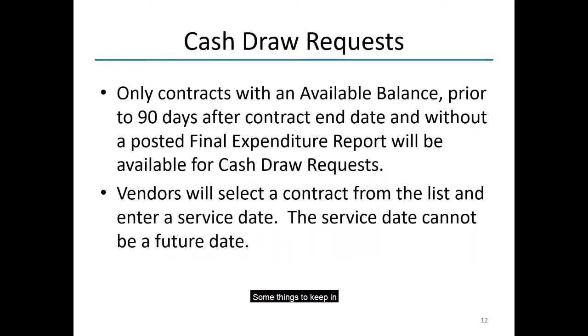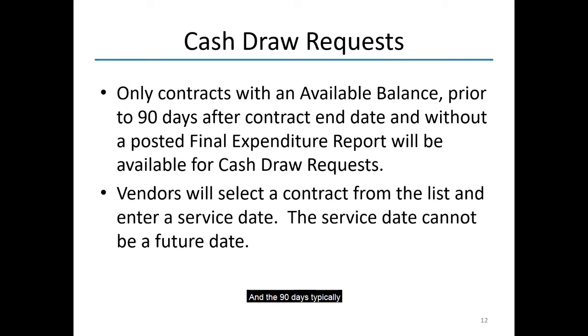Some things to keep in mind when you are initiating a cash request is that you can only initiate a request in situations where there's an available balance. In other words, that you haven't already drawn the entire amount for that particular contract and service date combination. And also that it's prior to 90 days after the end date of the contract.